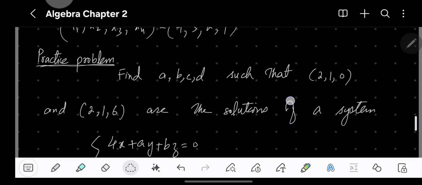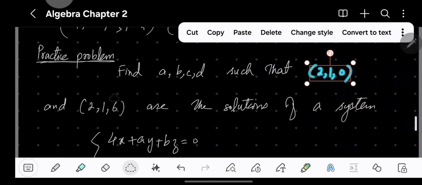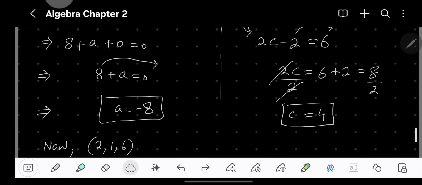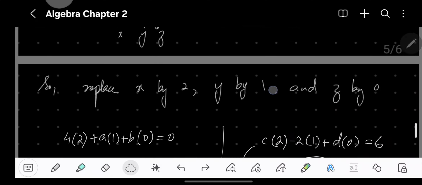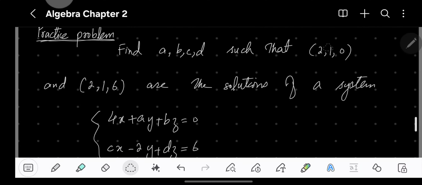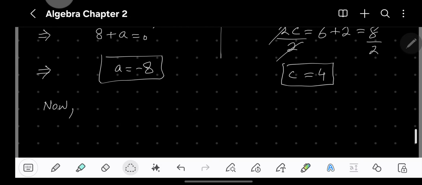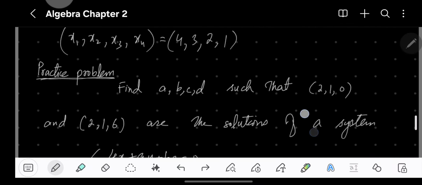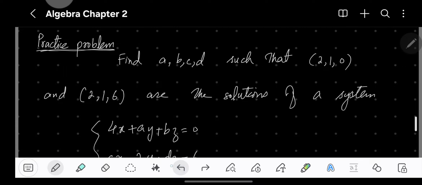Now you can check, we had 2 points, this one and this one. I used the first point and I have found the values of a and c. Now I will use the second point. Second point is (2,1,6).